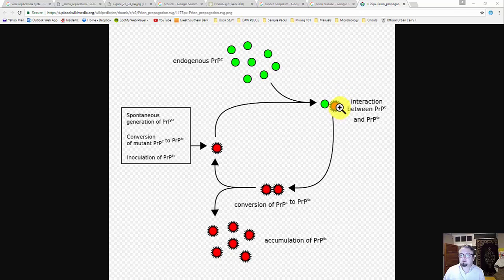You have an infectious molecule that basically converts other molecules into that infectious form, and then now you have two infectious molecules, and then they go on to infect other normal proteins and convert them to infectious proteins. Now the real issue here is that the infectious protein doesn't function like the normal protein. So there's lots of information here.